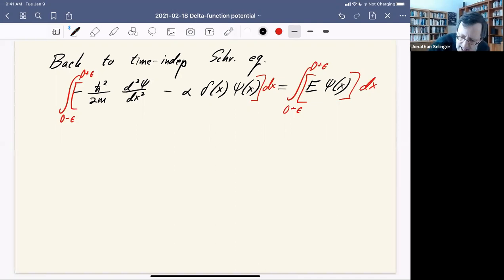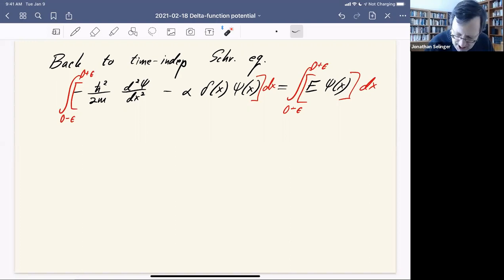I want to integrate this term right there from x equals a tiny little negative number to a tiny little positive number. If I do that integral, it's the integral of the second derivative. Well, we know what the integral of a second derivative is. It's the first derivative, because integration is the opposite of differentiation.